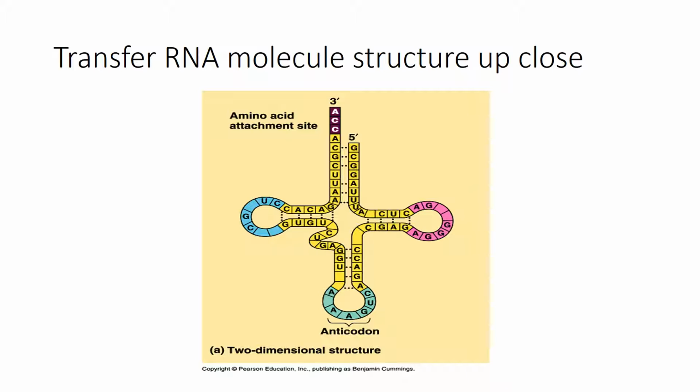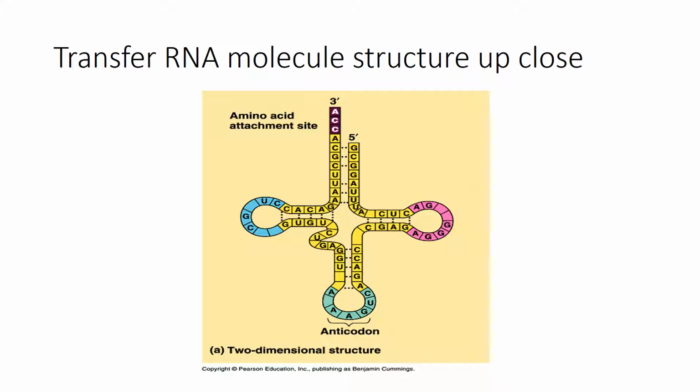So once again, here's a transfer RNA molecule. It is a single-stranded RNA molecule, and it base pairs with itself, and it forms a particular structure. And as you can see, the anticodon is on the bottom there.